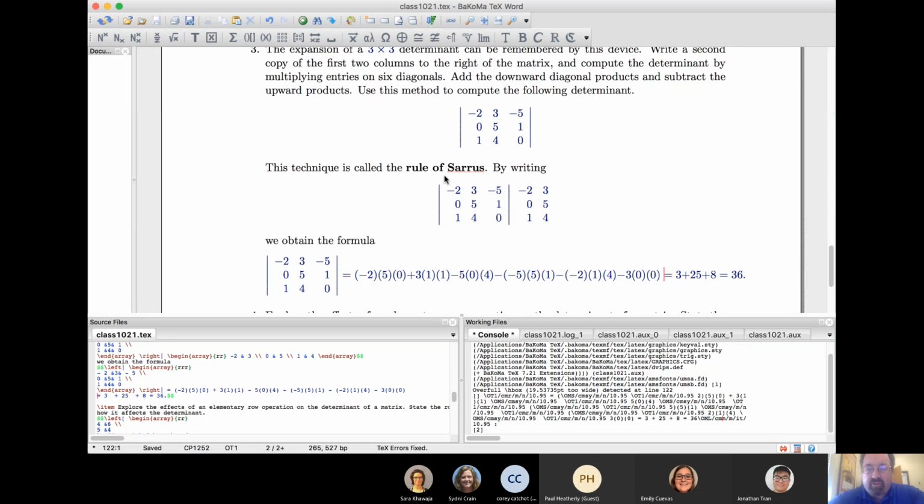So -2, 5, 0. So here we have a diagonal. And then here we have a next diagonal, 3, 1, 1. And then we have another diagonal, -5, 0, 4. And that's why these columns are repeated, so you can see what the diagonals are. So you multiply these, multiply these, multiply these, and those are added.